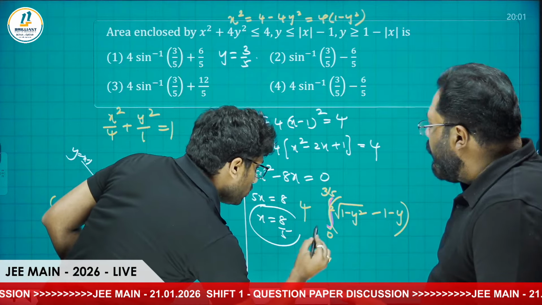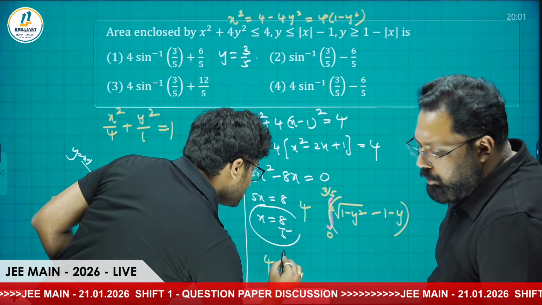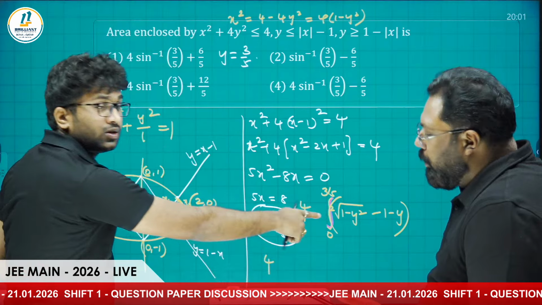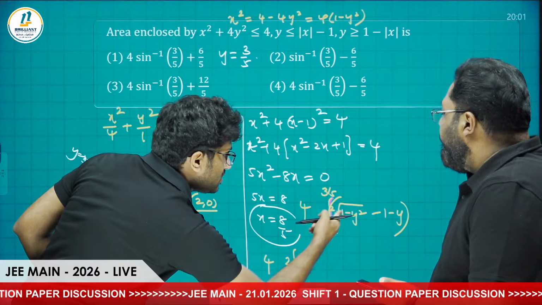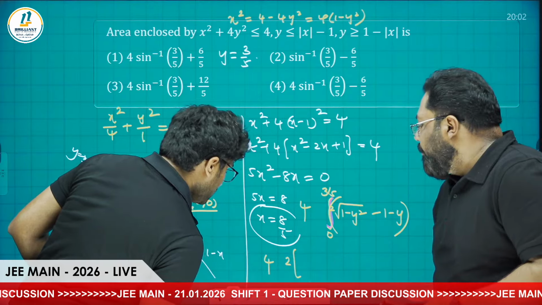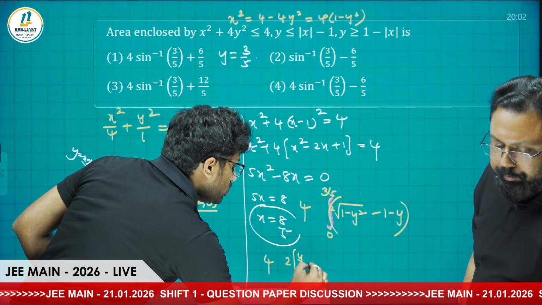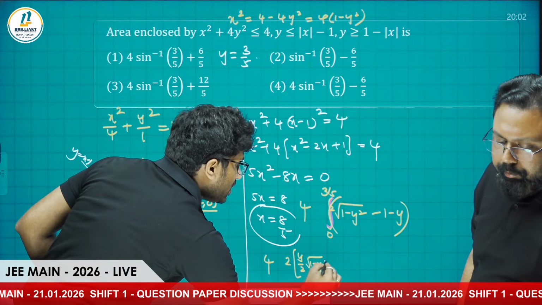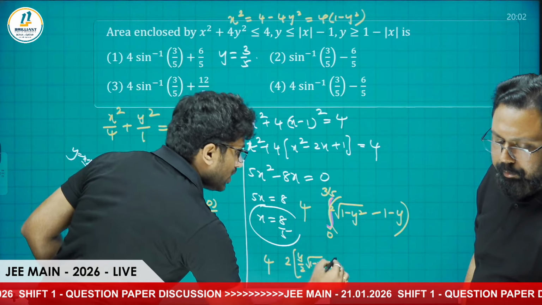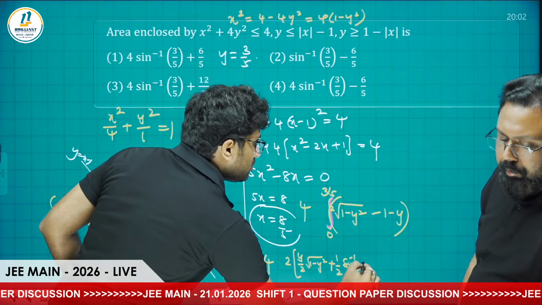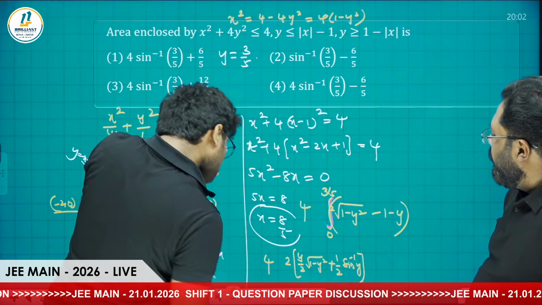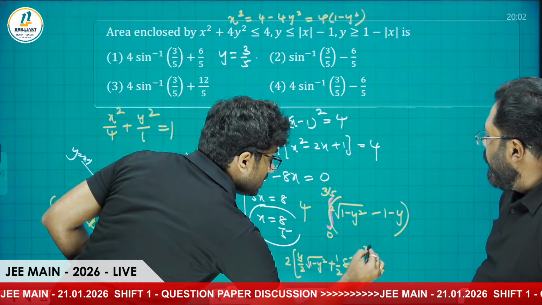So this gives us 4 into, now 2 times integral. This is direct root over a square minus x square. So 2 times it is, this will be now y by 2 into root over 1 minus y square plus a square by 2, a square is 1, by 2 into sine inverse of y. This is from 0 to 3 by 5.